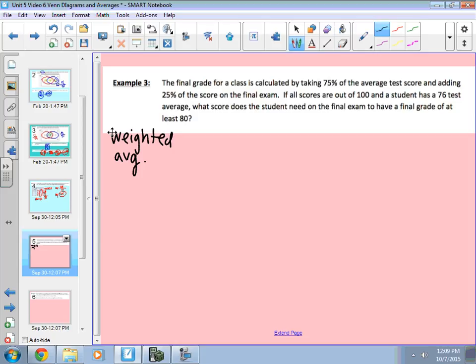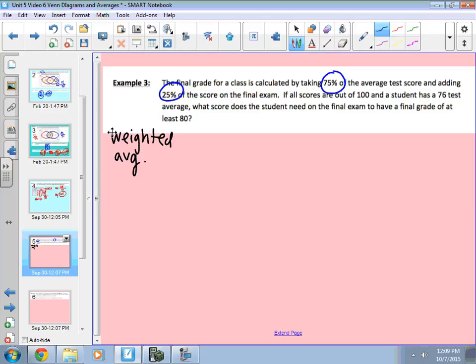In fact, your grade for this class is calculated like that. So this one said the final grade for a class is calculated by taking 75% of the average test score and adding 25% of the score on the final exam. And then it goes on to say if all scores are out of 100 and a student has a 76 test average, what score does a student need on the final to have a grade that's at least 80?